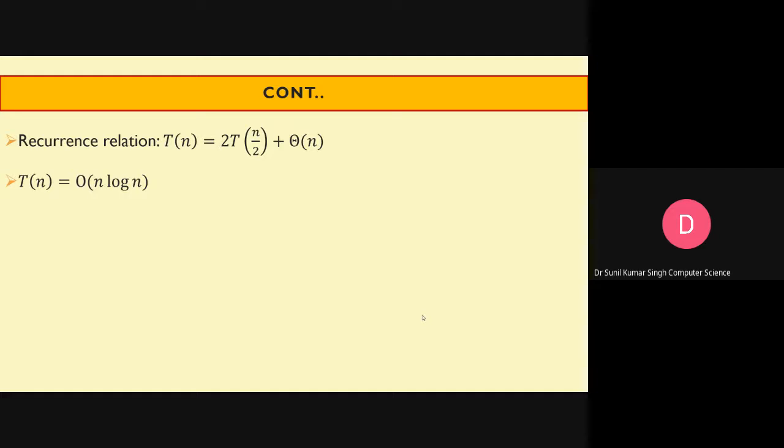Now this is the recurrence relation for merge sort, and after computing the time complexity, it will be order of n log n. Now look at here.